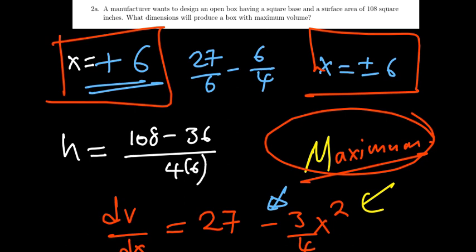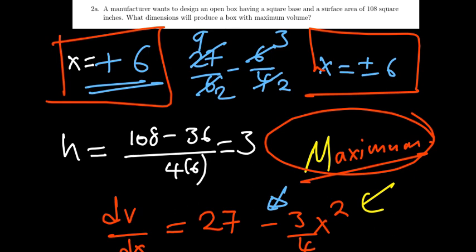Anyway, I have a calculator right away, but let me just use it. So 108 minus 36 divided by 4 times 6, right? 3 is what I'm getting. 3 into 27 is 9, 3 there is 2, 2 there is 2, 2 there is 3. 9 minus 3 is 6 over 2, 3.